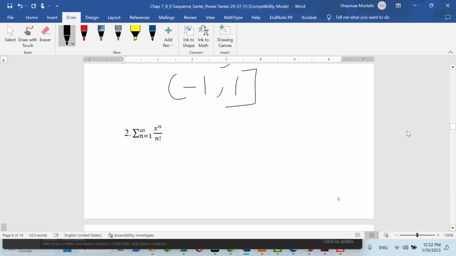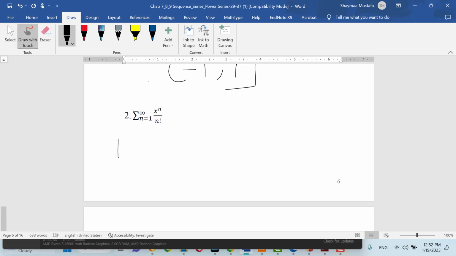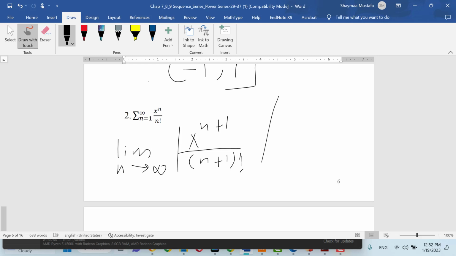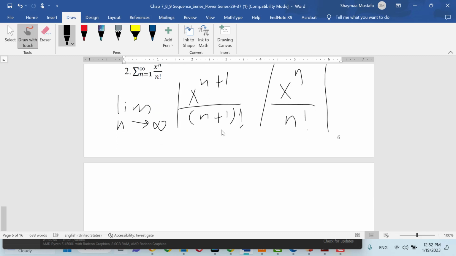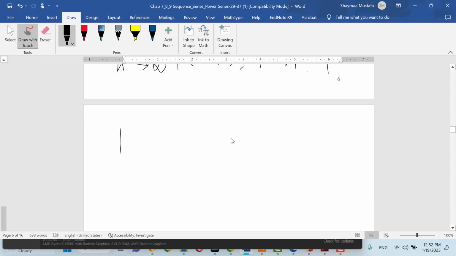To apply the ratio test, we take the limit as n goes to infinity of x to the n plus 1 over n plus 1 factorial, divided by x to the power n over n factorial.